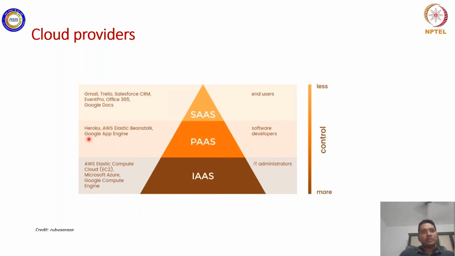Software developers access the platform as a service, because you want to access the Google App Engine or AWS Elastic Beanstalk or maybe Heroku. From the applications point of view, users want to access Gmail, let's say, CRM as a service, or maybe Office 365, Google Docs. All these are provided as applications as a service.